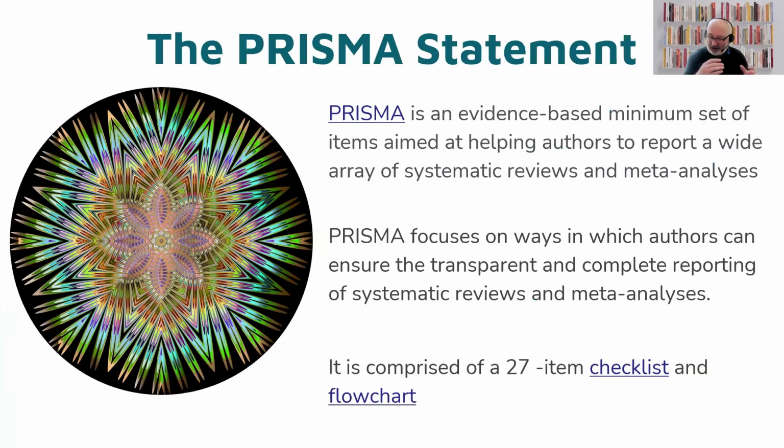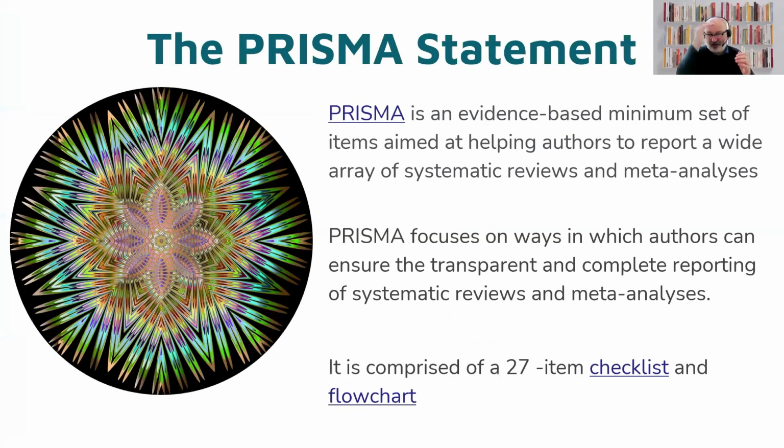It gives you an idea of the things you should be documenting and writing about as you go along. It helps you be transparent and completely record all the elements of a systematic review. It's comprised of two items, a 27-item checklist and a flow chart as well.